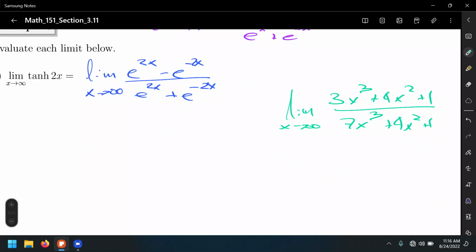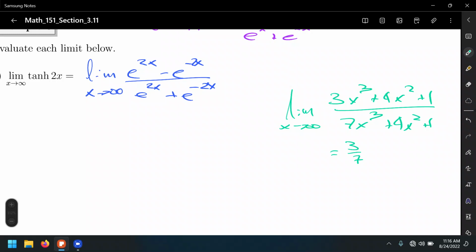Up to this point in Calc 2, it's fine if you use the shortcut rules for a limit at infinity. Does anybody have an idea of what this limit is? 3 over 7. How come? Because of degrees. Well, you have to divide by x to the third for all of them.